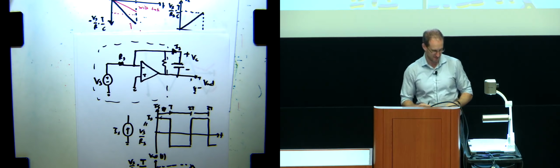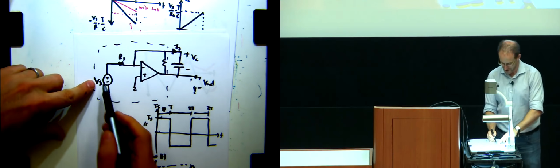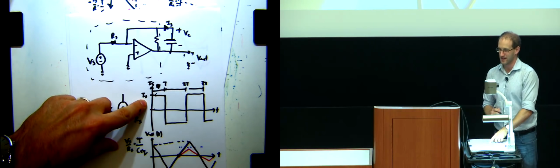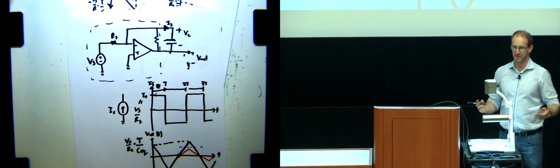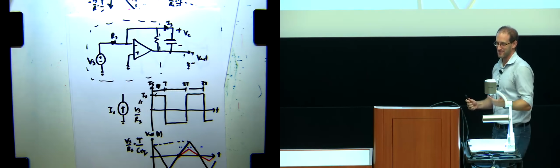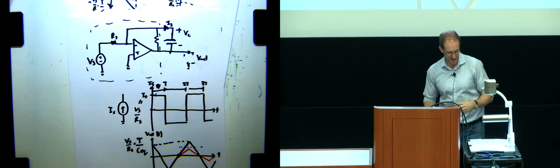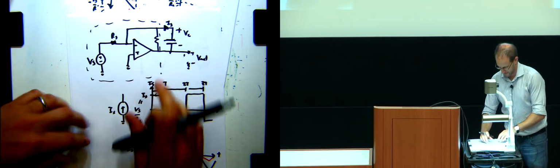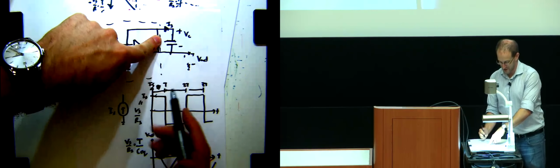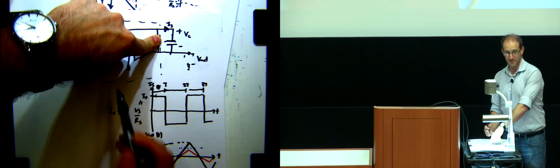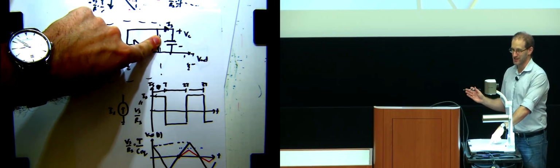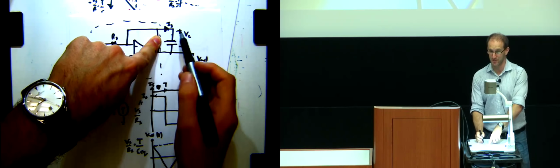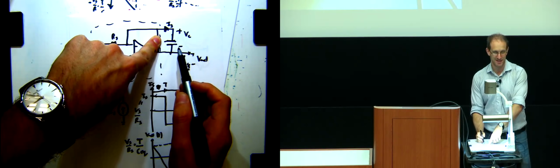If I look at the Vs, which again is going to have this kind of waveform, on average, the value of Vs is 0 volts. If I don't have this resistor here, and I'm just looking for things where nothing is ever changing, the capacitor is an open circuit.